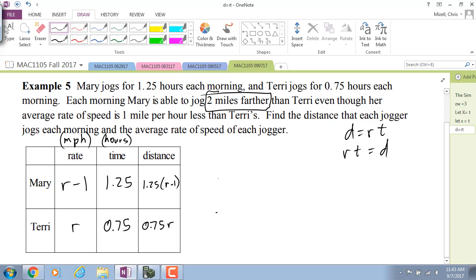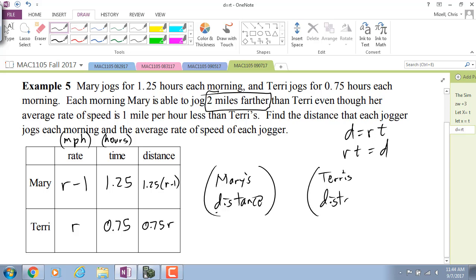So there's Mary's distance. And then there's Terry's distance. Are they the same? Do the joggers jog exactly the same distance each morning? Not the same. It says Mary is able to jog 2 miles farther than Terry.